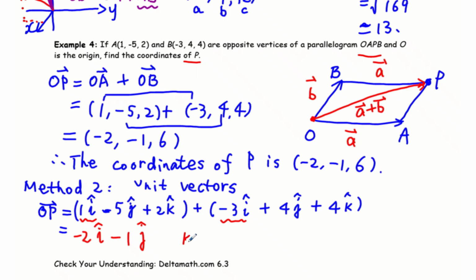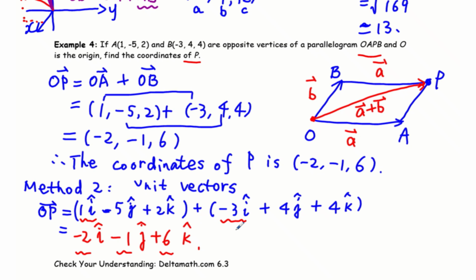In the k direction, collecting the like terms, is 6. Then you will see -2, -1, 6. They are the same, okay? So I don't mind if the question says component form or unit vector form to solve it. You can pick either of them, whichever you feel more comfortable with.